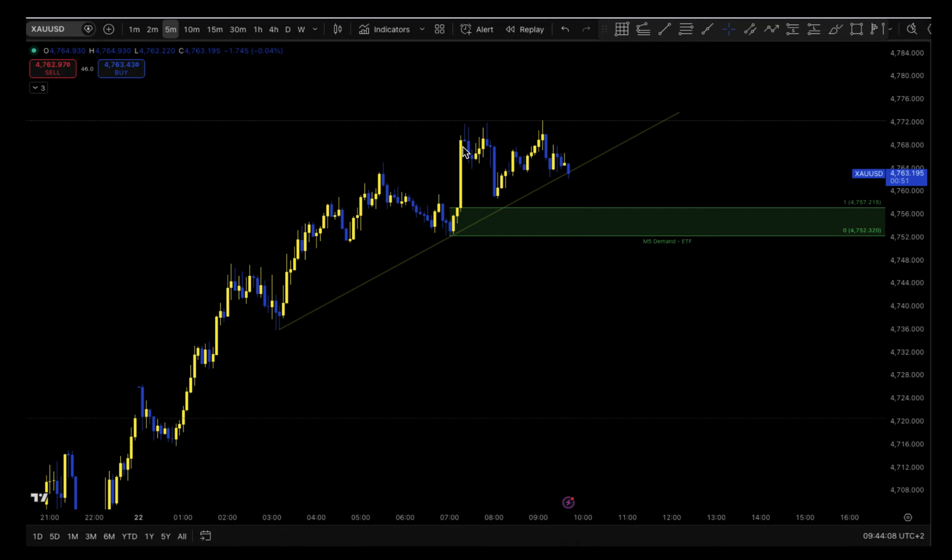So if we are bearish, we are looking for this trend line to be removed and this demand zone to be removed. So we're waiting for price to come down this way, and any supply zone above will be a nice entry on your 5 minute chart. So that's the two options.